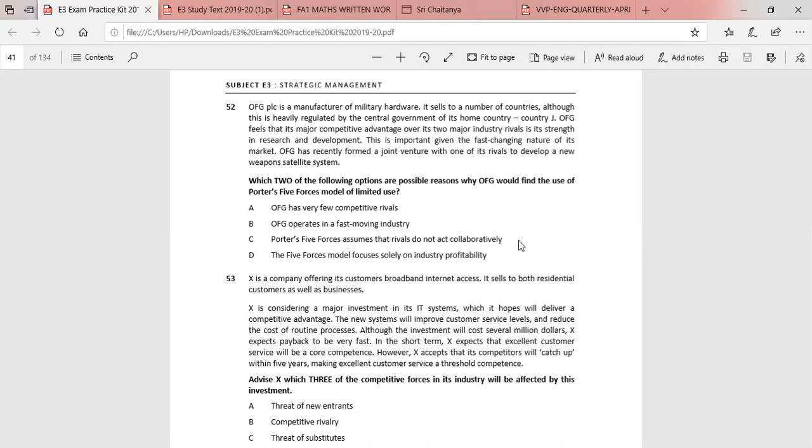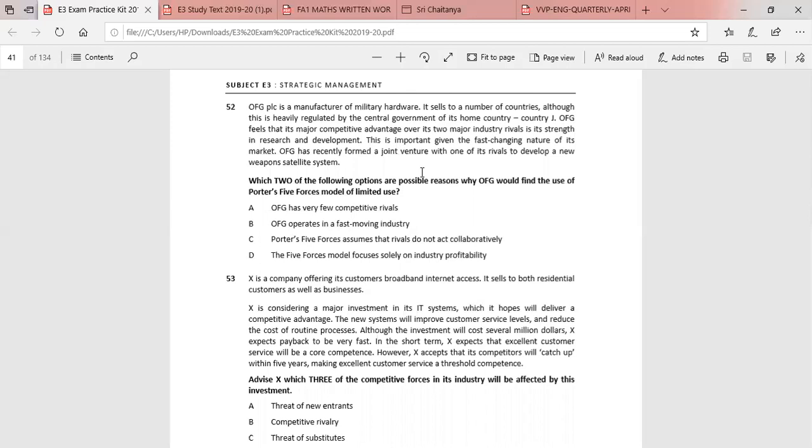It is still applicable, and the model can still be used in such a scenario. Option B is OFG operates in a fast moving industry. If it is a fast moving industry, it is not applicable to them because they keep making changes very rapidly. In a fast moving industry, changes are quick to make and they become the leaders. So maybe that is not applicable for them.